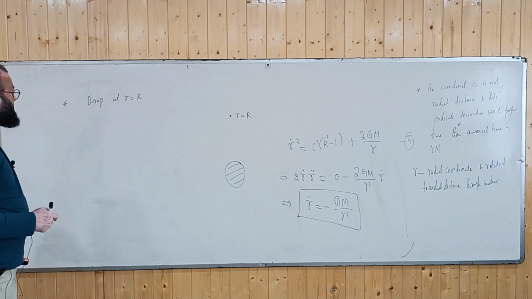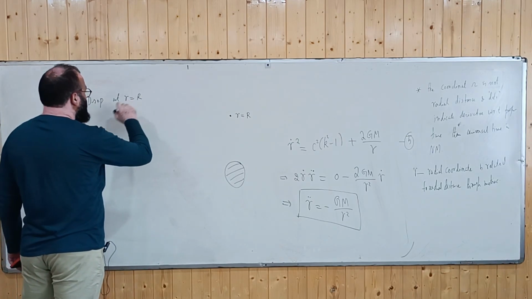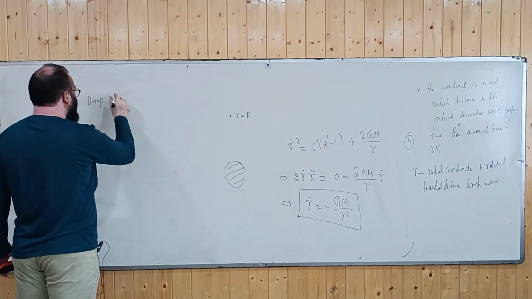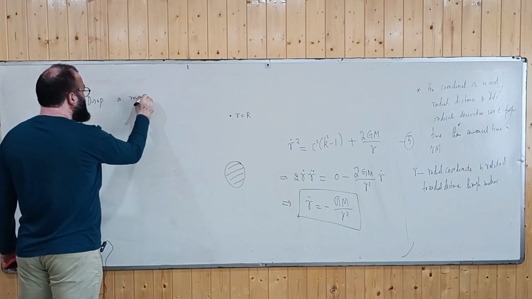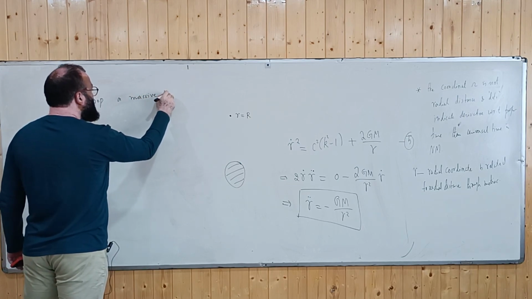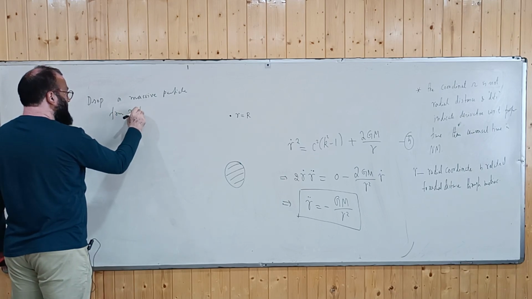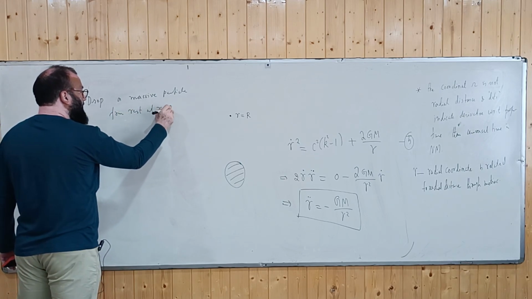So drop a massive particle from rest at r equal to R. R is a fixed distance.